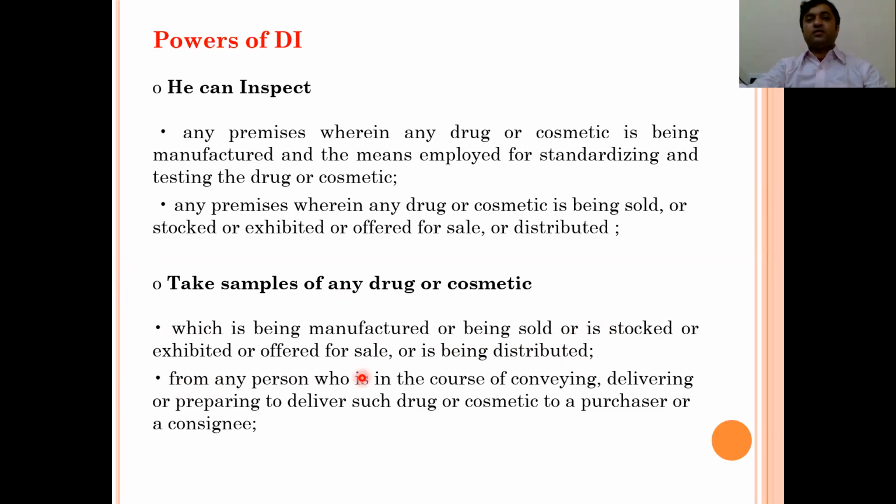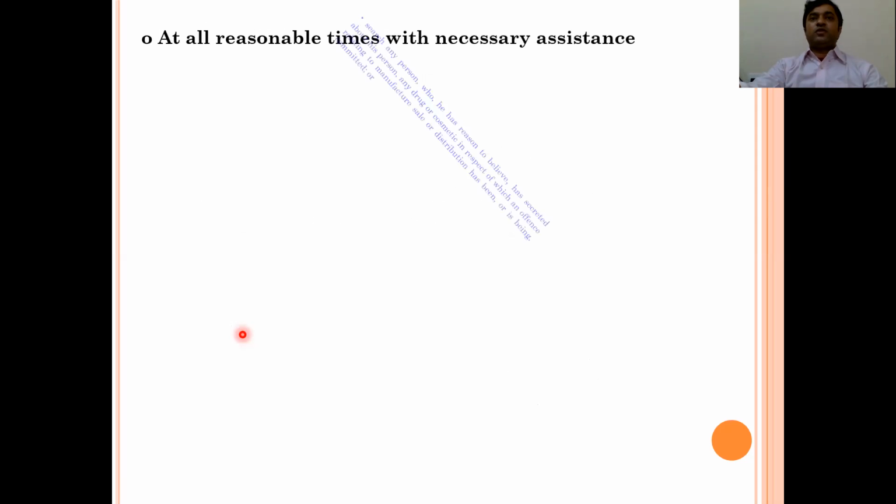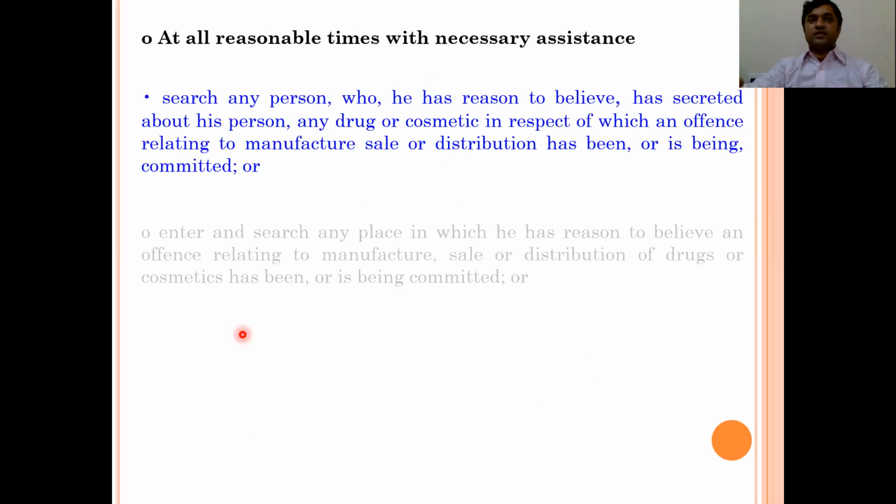He can also take samples from any person who is in the course of conveying, delivering or preparing to deliver such drug or cosmetics to a purchaser or consignee, whoever is giving orders. So he can take any sample for test at all reasonable times with necessary assistance.